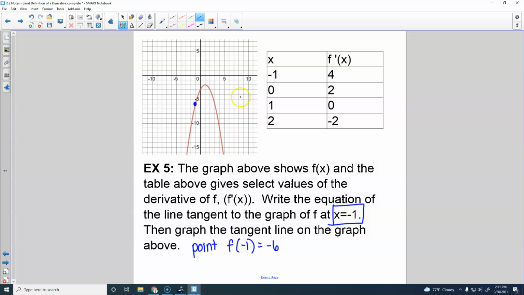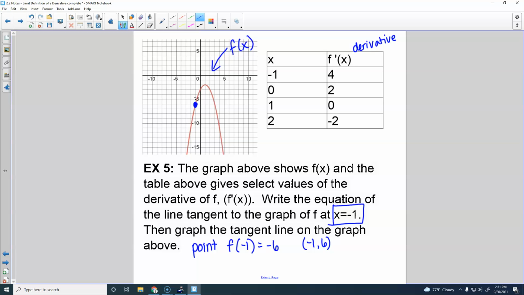Because the graph, this is f of x. What does the table give you? This is the derivative. Yeah, you're correct. That's exactly what you need to do. So that means our point is (-1, -6). This is the point where our line is supposed to pass through. Right? That's our point of tangency, we could call it. It's the place where we're going to draw our tangent line.